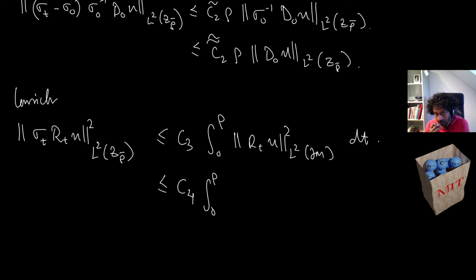Yes, the U also depends on T. So you mean in here? Yes, sure. But I mean, U also depends on X, right? So, yeah. Yes, like this. I was just omitting it, but yes, certainly the U also depends on T.